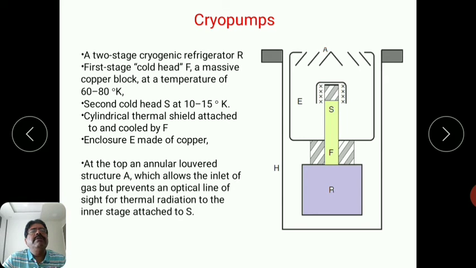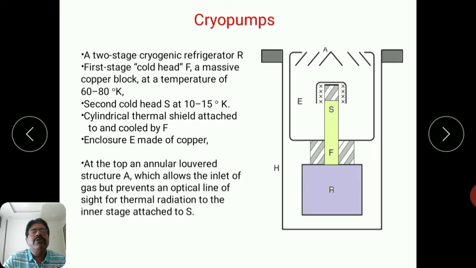There are some cylindrical thermal shields attached to this particular cold head S. Now you can see this enclosure E, inverted just like a bowl shape. That is also made of copper.